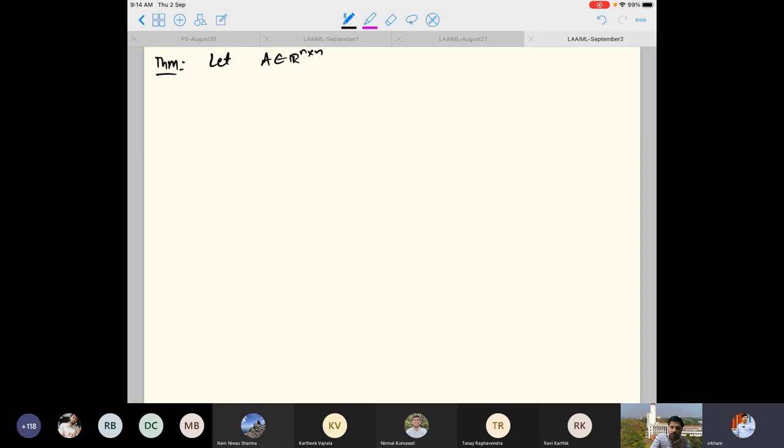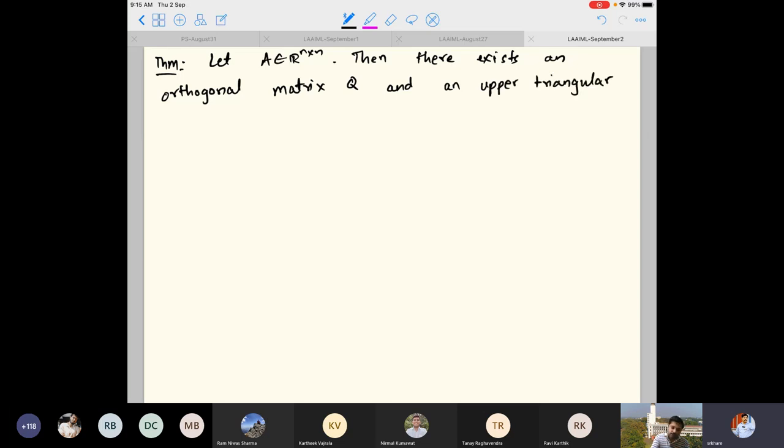Then there exists an orthogonal matrix Q and an upper triangular matrix R such that A is equal to QR.